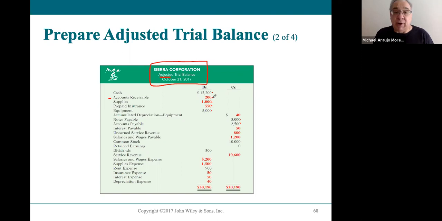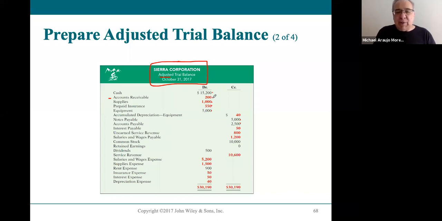Learning objective 3, in an accrued revenue, we need to have an accounts receivable listed for our service revenue that we wanted to claim. So remember, an accrued revenue basically is we've already done the work, but we haven't recorded it or we haven't billed the client for it.